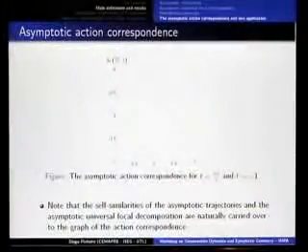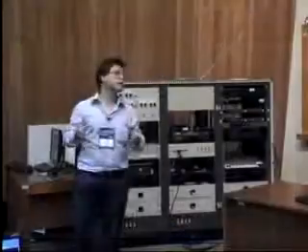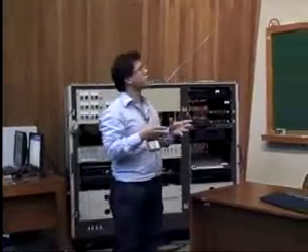Okay, and now this is the asymptotic action correspondence for time pi over 2, seen as a function of the final position x. Again, I don't know if you can see, but this is again a figure which inherits the self-similarity properties of the asymptotic trajectories and the focal decomposition.